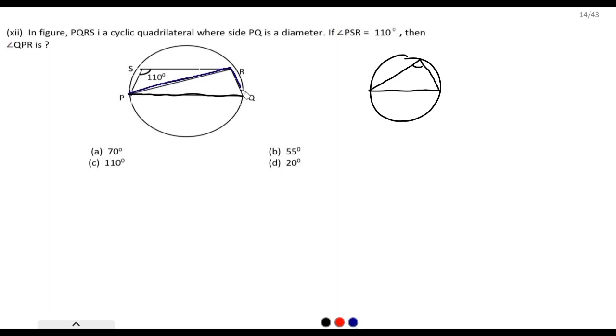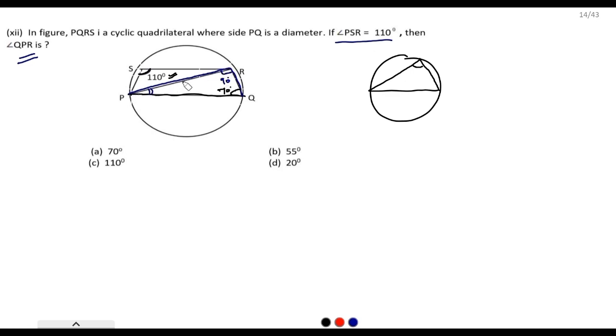This is the angle of the semicircle, means this angle is 90 degrees. Then proceed further. Angle PSR is 110. Then we have to find angle QPR. Because PQRS is a cyclic quadrilateral, its opposite angles will be supplementary. If it is 110, then this will be 180 minus 110, means 70 degrees.